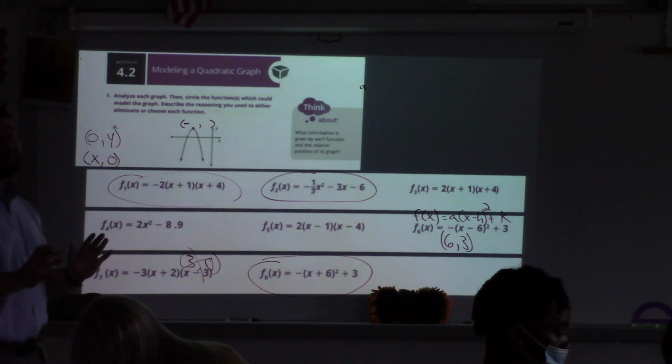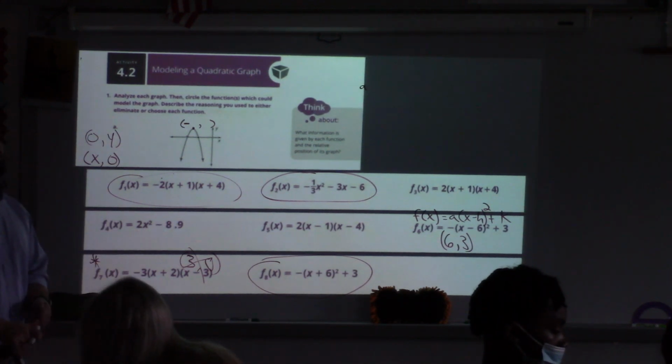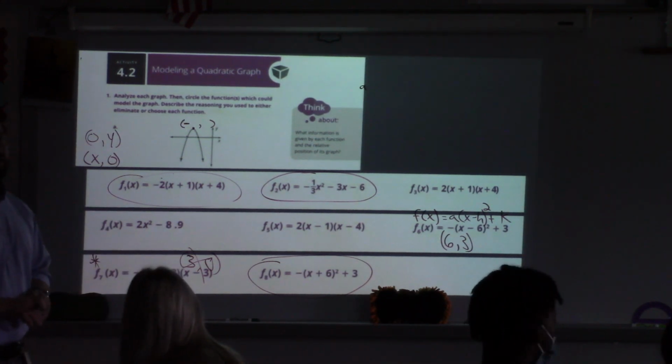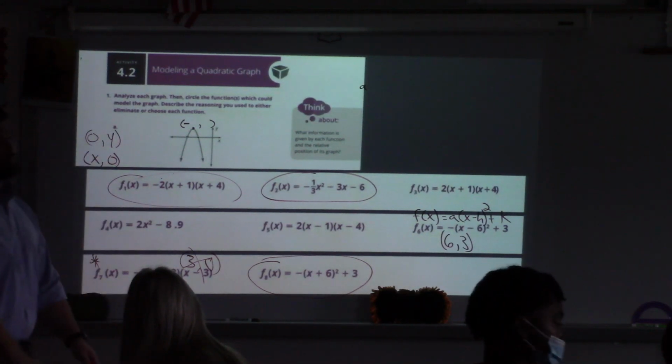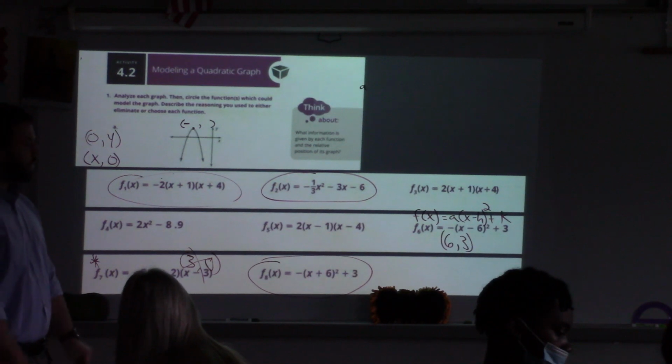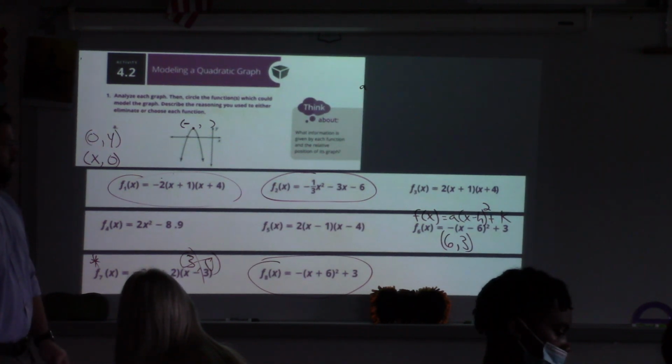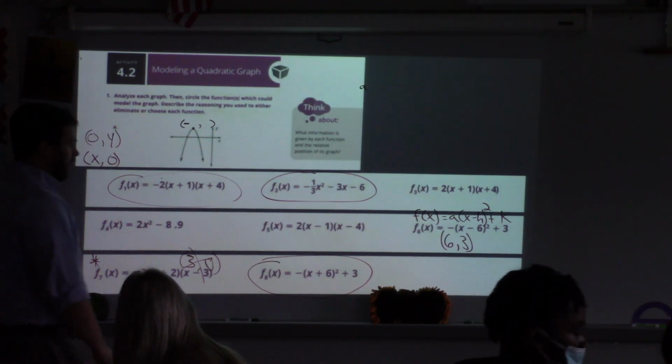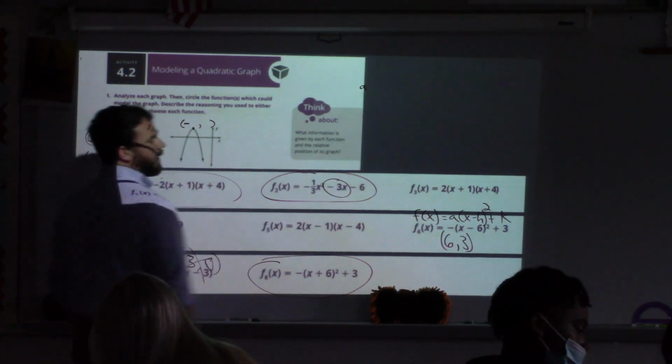Plainly put, x goes with x. Don't make it more complicated than that, right? H, your x value of the vertex, goes with the x variable. K is your y value of the vertex. I do want to point this out because I think this was freaking a lot of people out. Do we care about this?